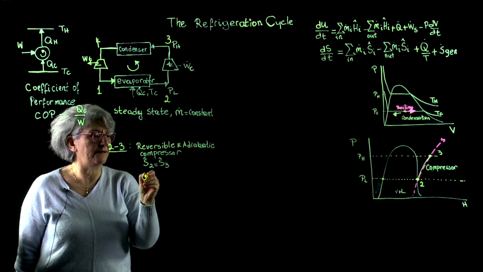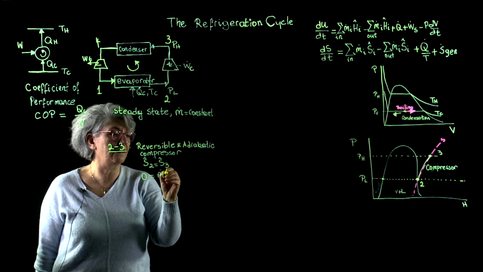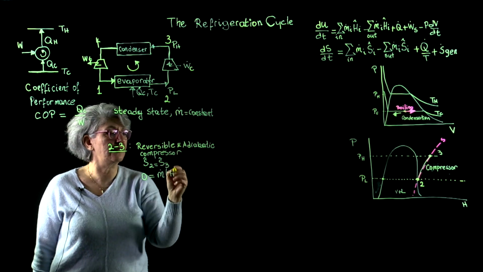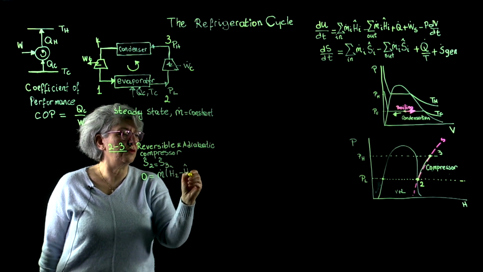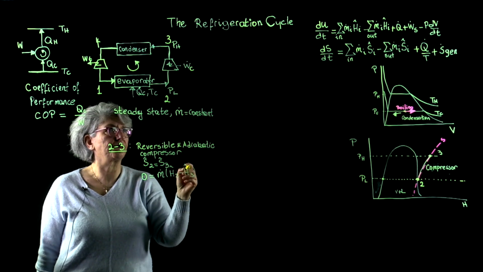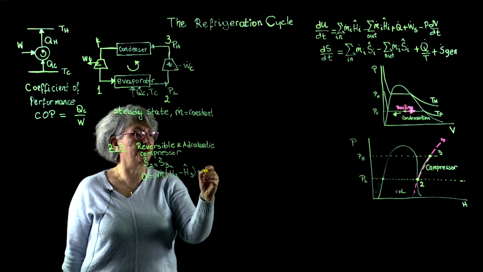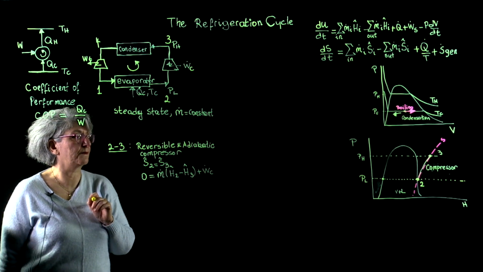And I have 0 equals to m dot, which is constant, h. Now, what comes in is 2. What goes out is 3 plus the shaft work. Shaft work of the compressor.